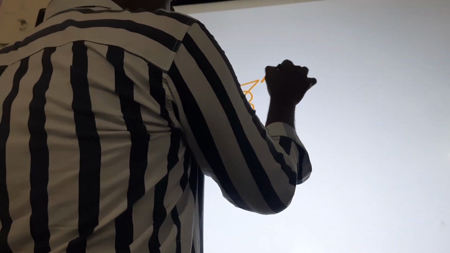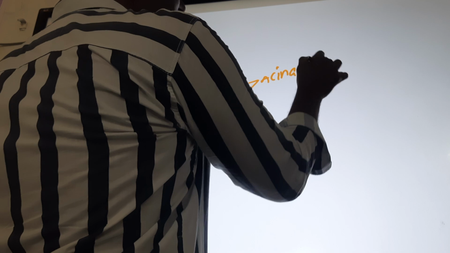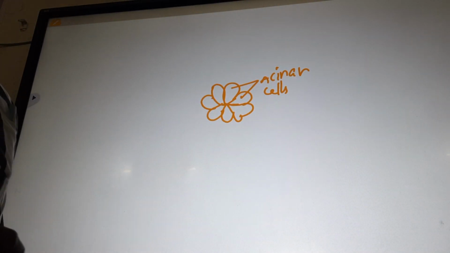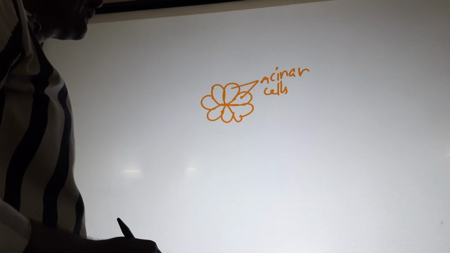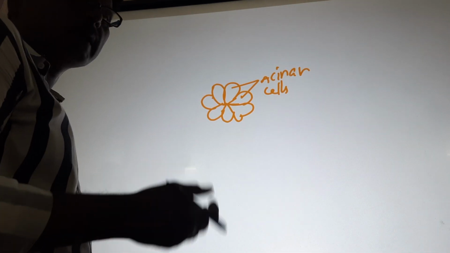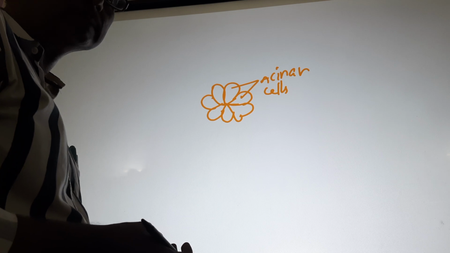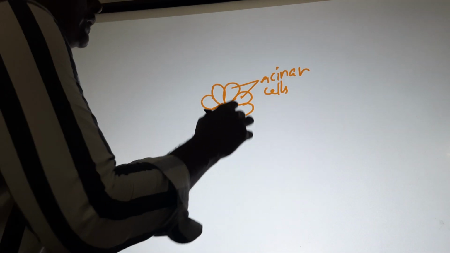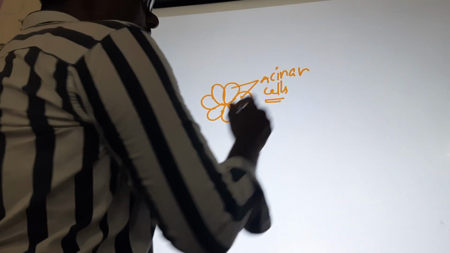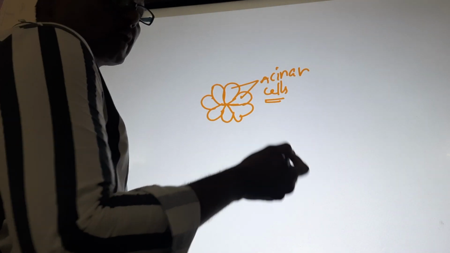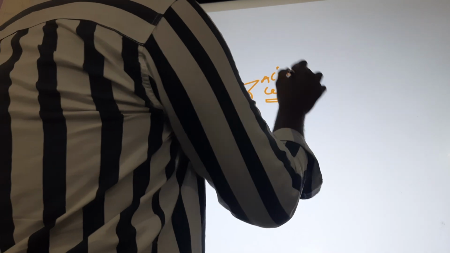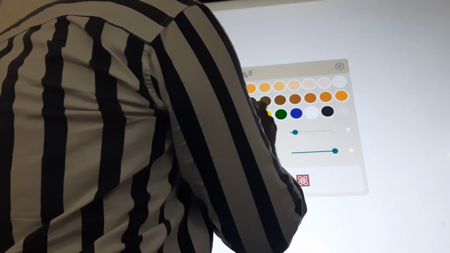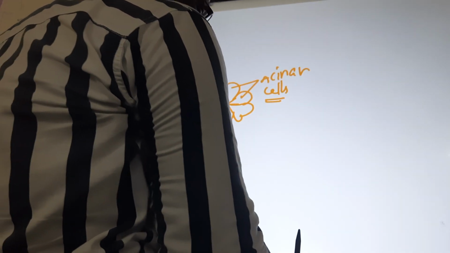Acinal cells secrete a group of enzymes and also secrete sodium bicarbonates, and that forms pancreatic juice. So, acinal cells of exocrine portion secrete pancreatic juice.